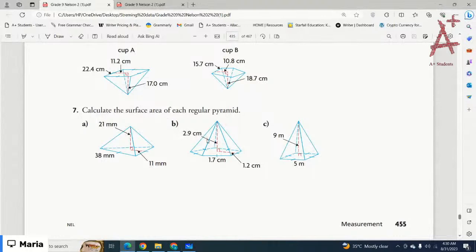Okay, if you look at the B shape, 1, 2, 3, 4, 5. It makes 5 triangles, right? For the B part, it makes 5 triangles and the area of the base.